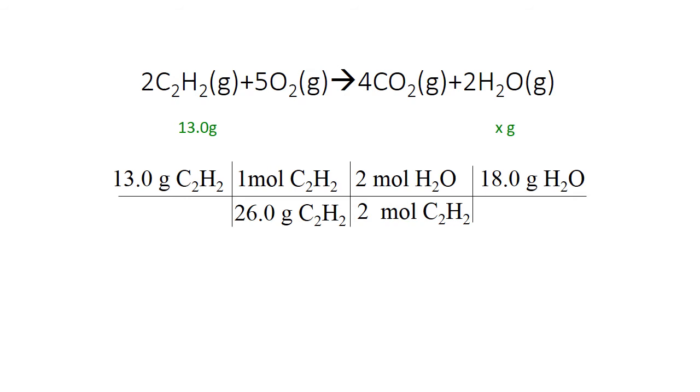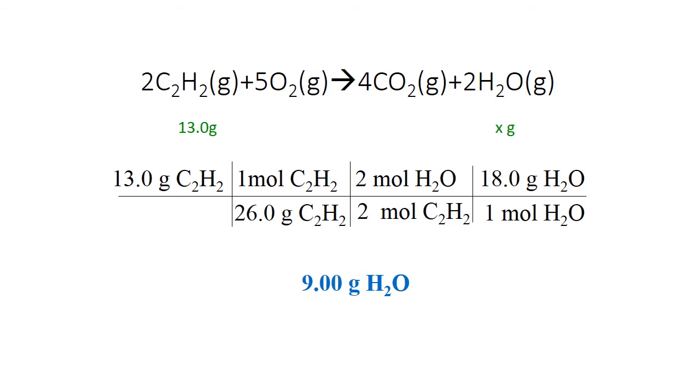That's how many grams we have in 1 mole, and that gives us our answer of 9.00 grams of water. So this is pretty much similar to the first one you did, except that your mole ratios will change. It's no longer carbon dioxide to ethane, it's water to ethane, and then you multiply by the molar mass of water.